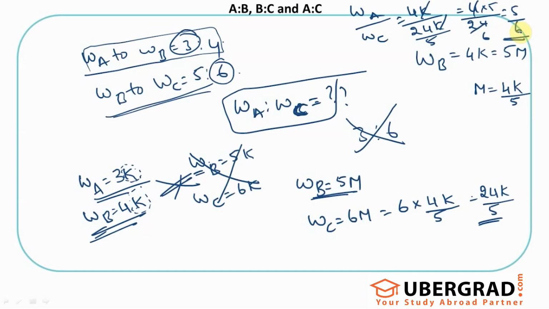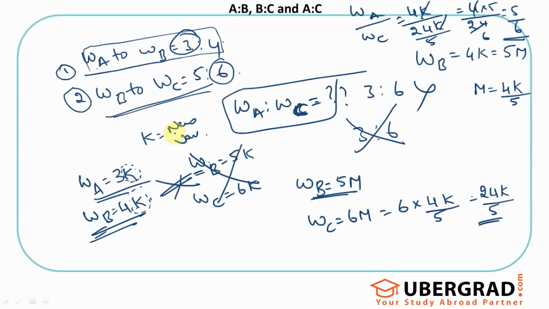This is slightly tedious, but the most important 2 points that I wanted to drive are these. Number 1, WA to WB is 3:4, WB to WC is 5:6 does not make WA to WC simply 3:6. That's absolutely wrong. Next, if I have two different ratios, I can assume the absolute values of WA and WB as 3k and 4k, with k being a new variable I am assuming.